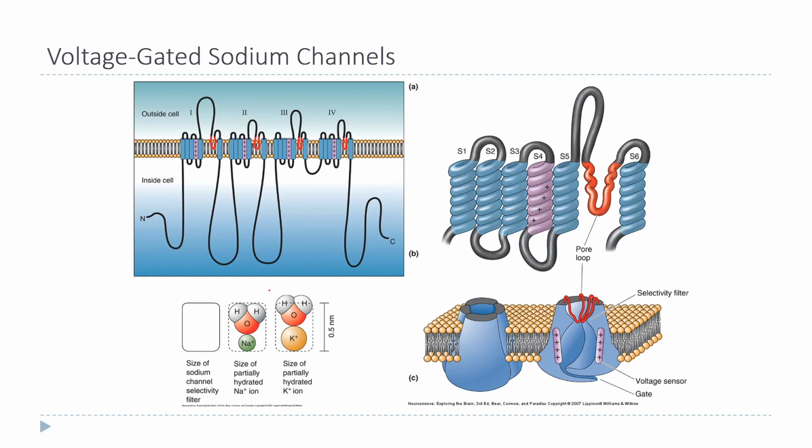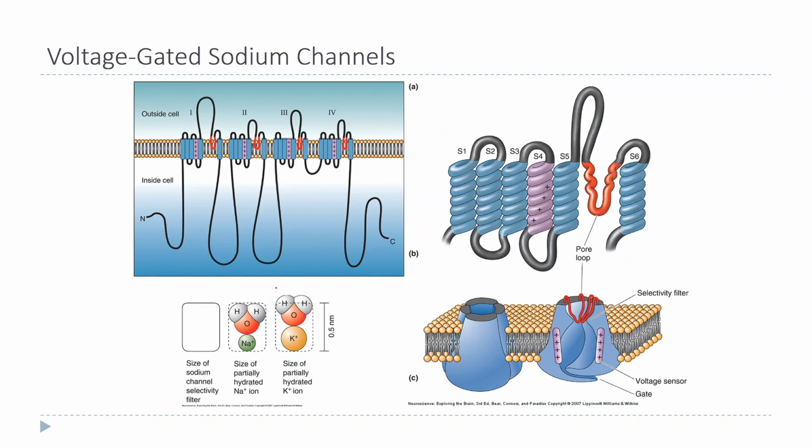Water molecules, remember, are attracted to ions. They form basically a shell around each ion. With a water molecule attached, the sodium ions fit right through the selectivity filter, whereas potassium ions do not. And of course, a negatively charged ion also would not be attracted to the pore loop. So that's what determines which ions go through.